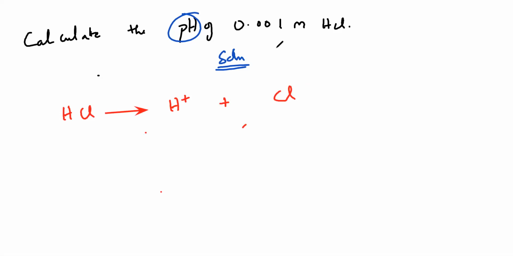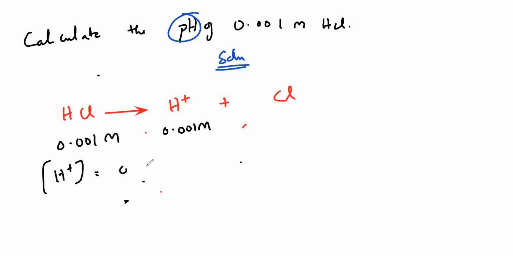And this HCl is given as 0.001 m. So this will be the same for the H plus ion also. So this H plus is equal to what? 0.001 m. That is nothing but 10 power minus 3 m. For our simplicity, I am writing it down.